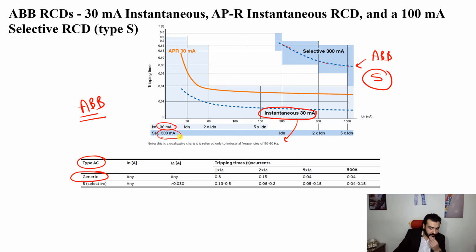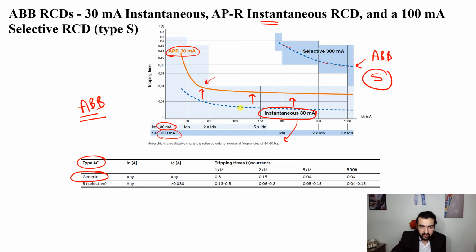Great. We have another type which we will see in the next slide called APR, which is anti-disturbance RCD. This one is also 30 milliamperes and also instantaneous. However, you will see that this curve, this orange curve, is shifted upward from this one. Shifted. What does this mean?